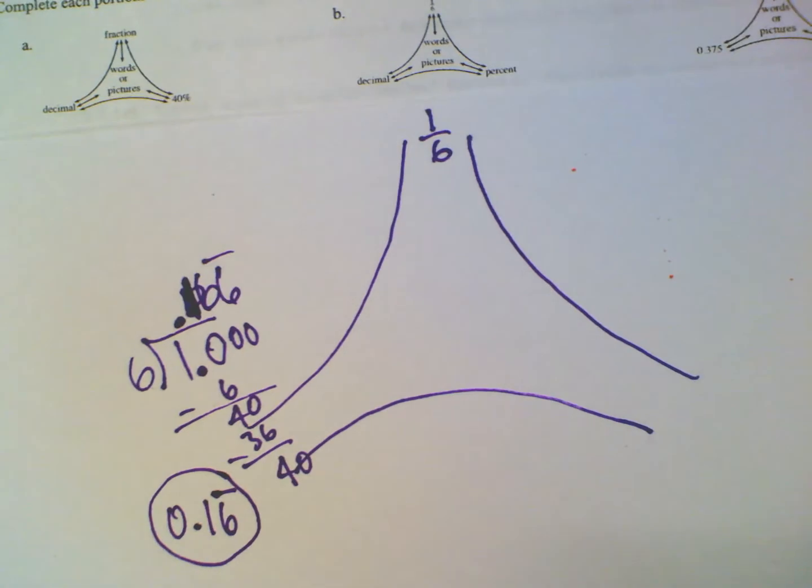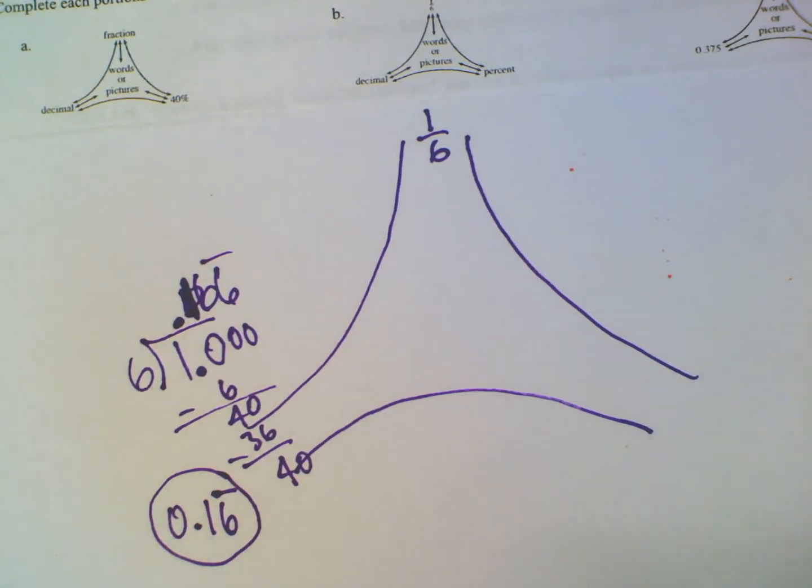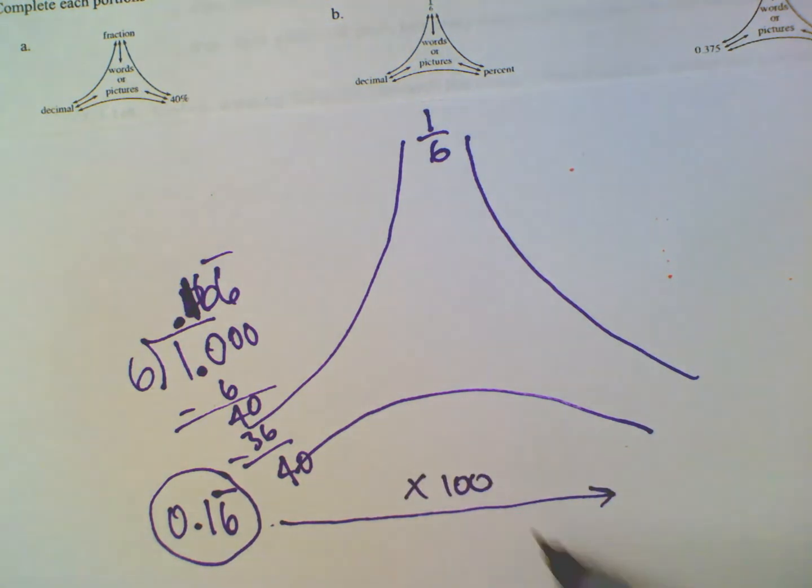So what is this as a percent? Well, remember the last one, when it was a percent and we went to a decimal, I moved the decimal place over to make it smaller, right? Moved it twice because I was dividing by 100. But when you're going from a decimal to a percent, you multiply by 100.